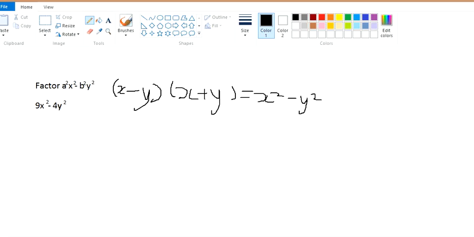Now, in applying this pattern to our example, 9x squared minus 4y squared, we basically plug things in and factor them and produce these two binomials. 9x squared is a squared x squared, so we can see that a squared is 9.